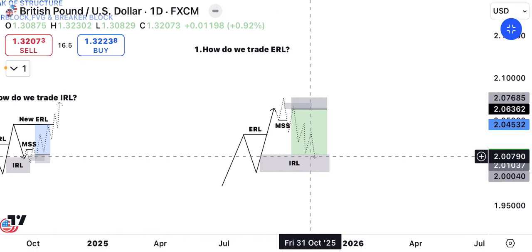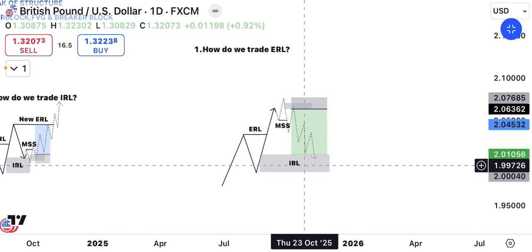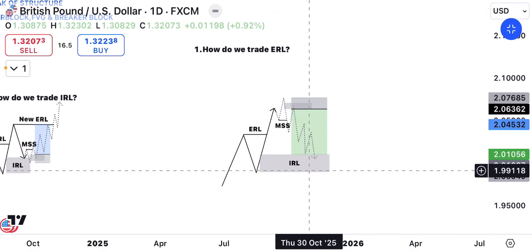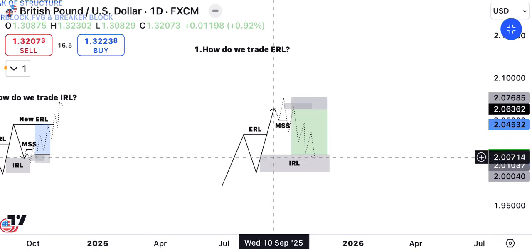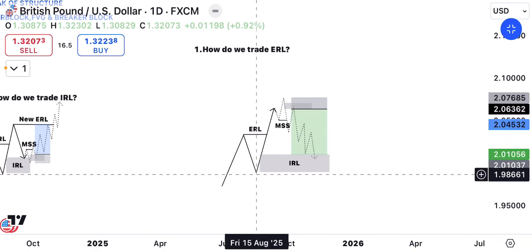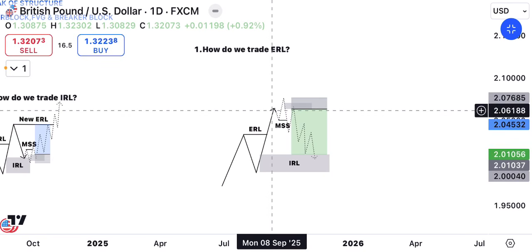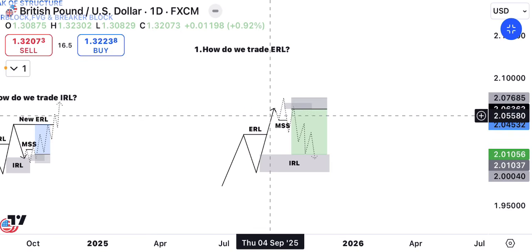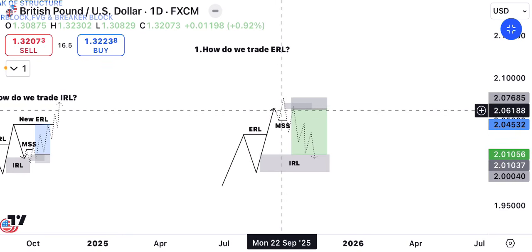Now it's about external range, not internal range. On a bullish trend, how do we trade external range liquidity? Once the market breaks the structure and forms our break of structure, which is an external range liquidity, you're going to wait for the market to create the change of structure, the market structure shift, change of character.